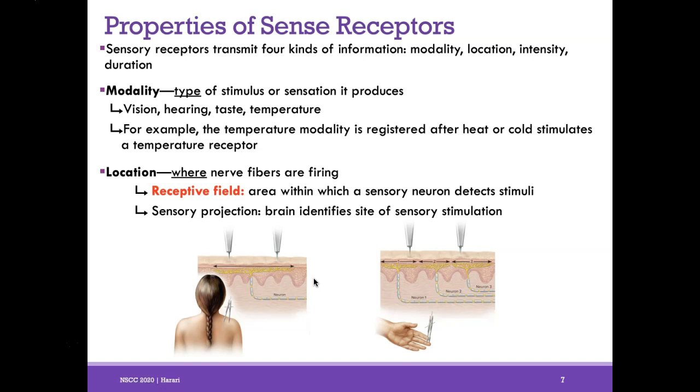For example, in the skin, one sensory neuron can cover an area as large as 7 centimeters in diameter. That's almost 3 inches. No matter where the skin is touched within that 3-inch field, it stimulates the same neuron, and the brain is unable to tell if it's touched at the farthest end of the 3 inches or the other end. As long as you hit it anywhere within that receptive field, the brain will interpret it as 1 point.